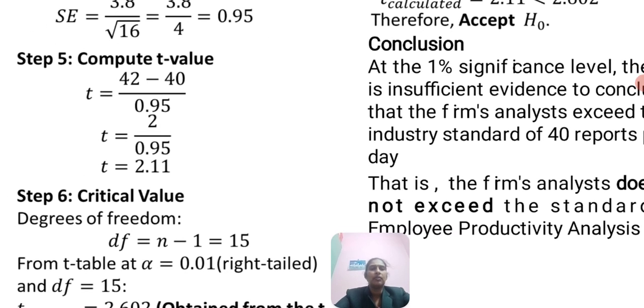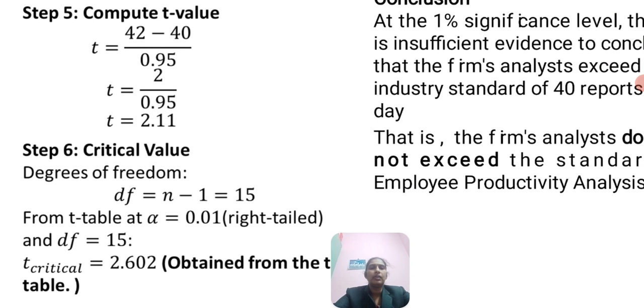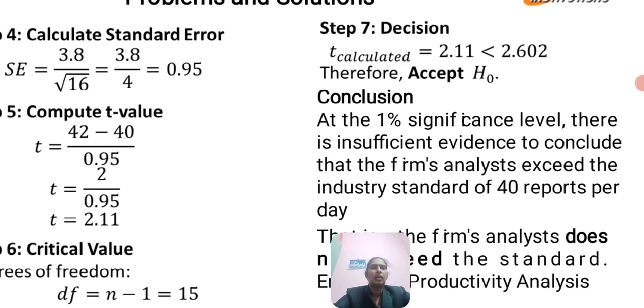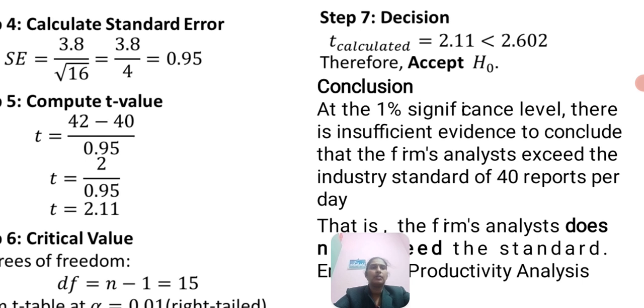Here the degree of freedom we can calculate as n minus 1, that is 15. So with 15 degrees of freedom, the critical value is 2.60. Here the t value 2.11 is less than the critical value, so we can accept the null hypothesis and we can reject the alternate hypothesis.